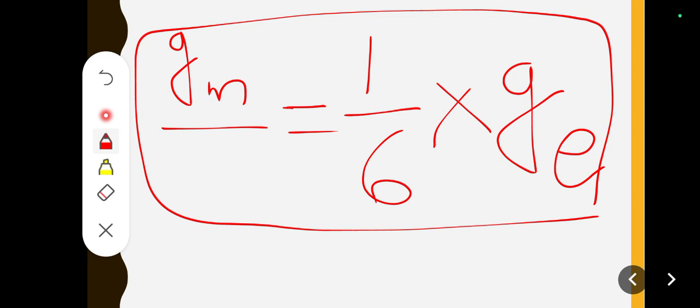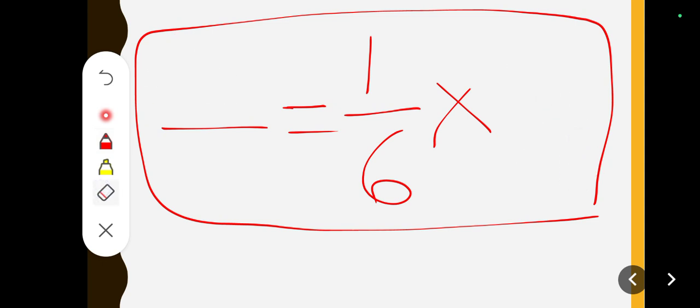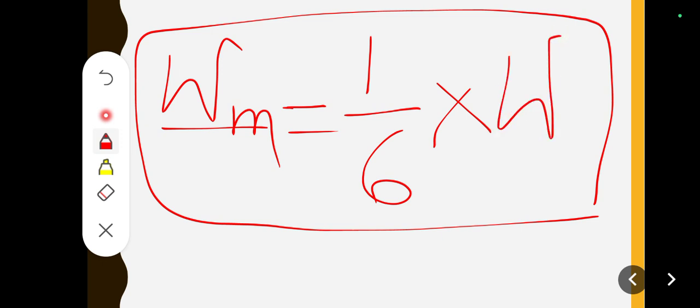If we add the mass along with it, then this gravitational acceleration will be converted into weight, so the weight of an object on moon will be 1/6 of the object's weight on earth.